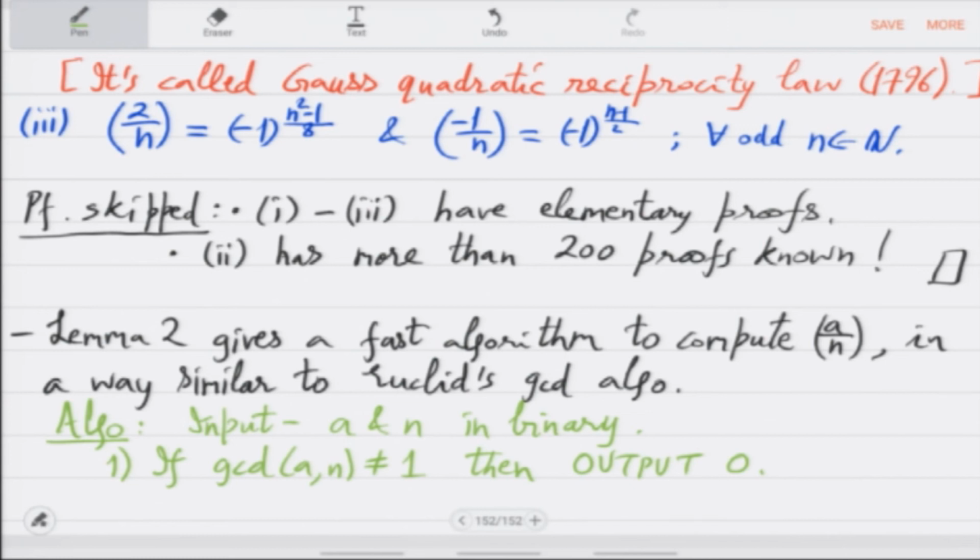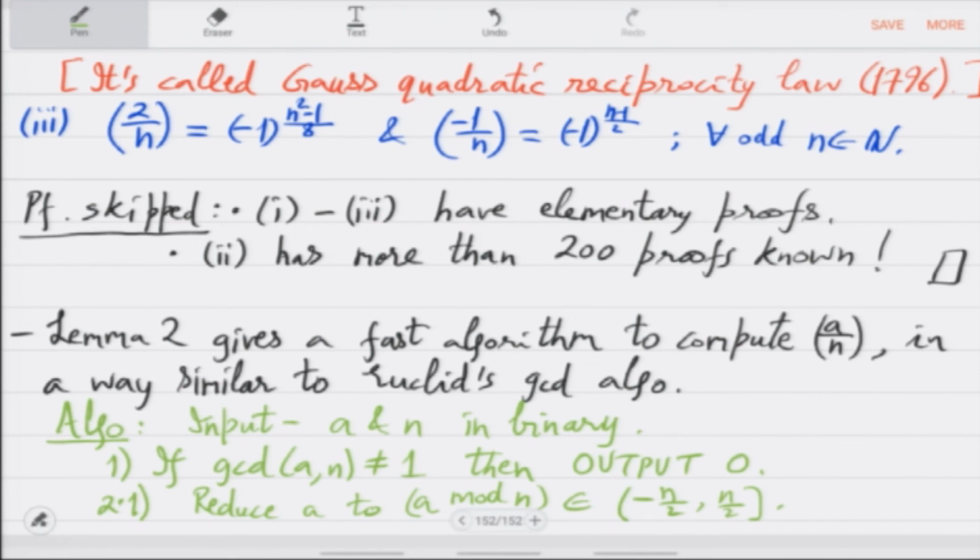So we will assume that a and n are co-prime, and moreover the interpretation of a is mod n. So reduce a modulo n, to between minus n by 2 and n by 2. Okay, so do this reduction.